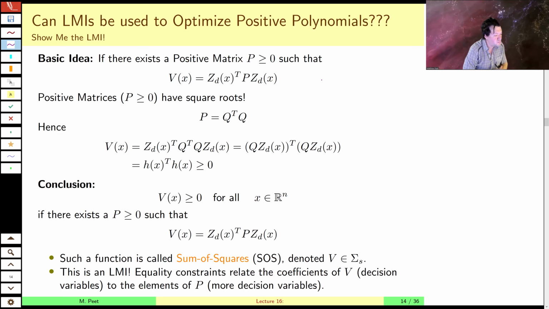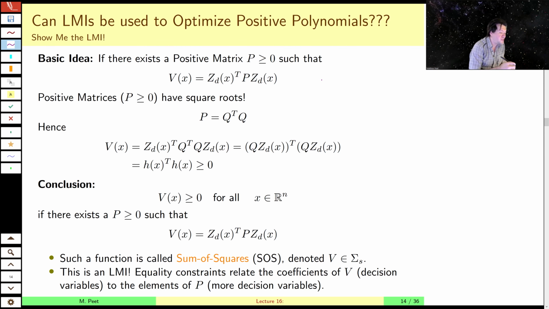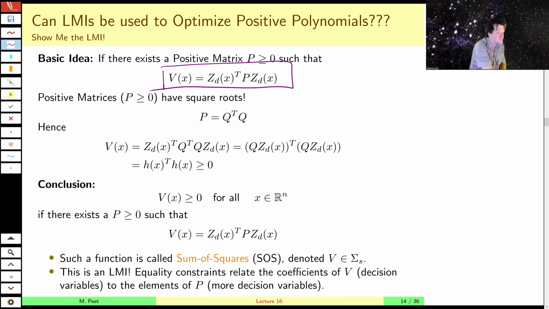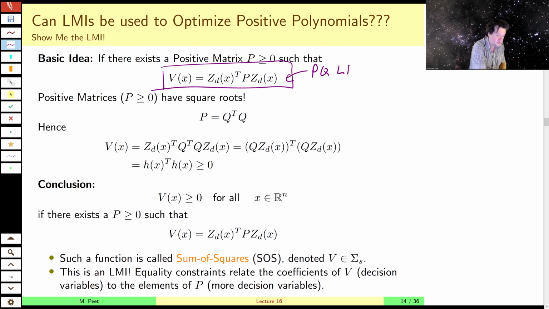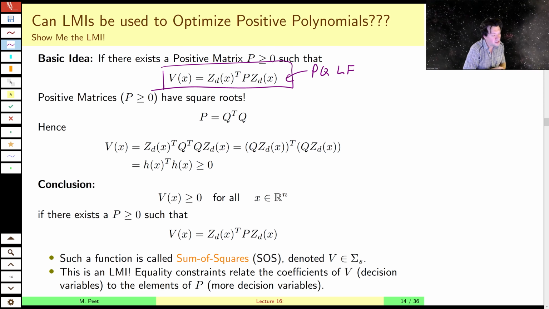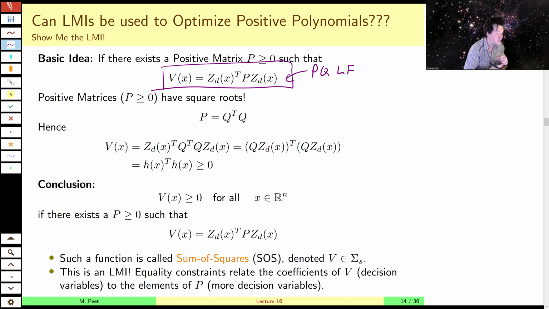Let's decompose what we saw in that previous slide a little bit. What we've done basically in that previous slide is we said that the Lyapunov function V is positive if it has a pseudo-quadratic representation for some positive matrix P. And the reasoning that this is a positive Lyapunov function is that P is a positive matrix, and therefore it has a square root.